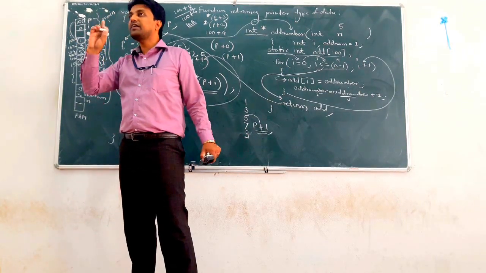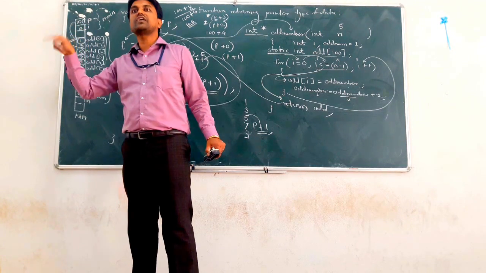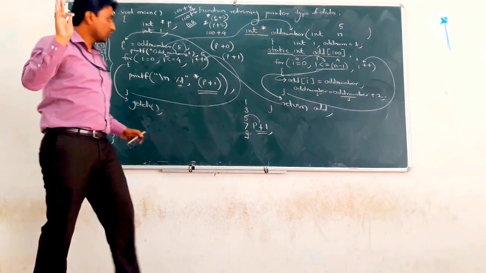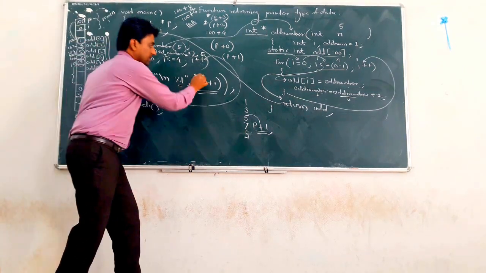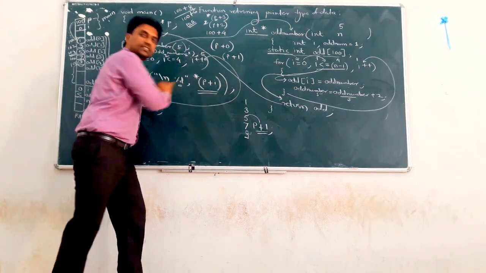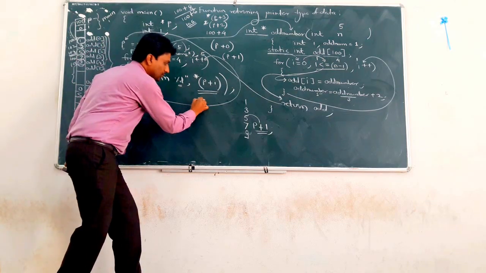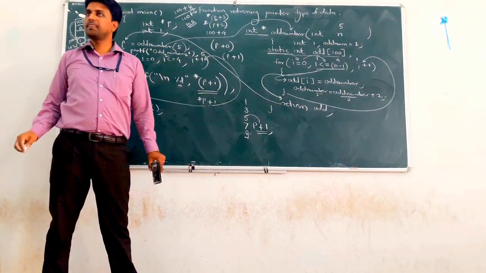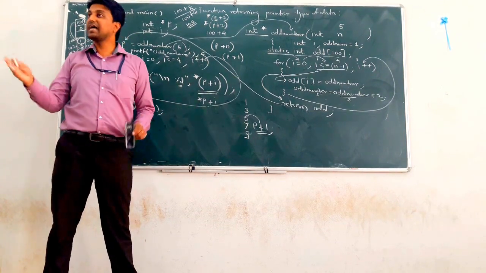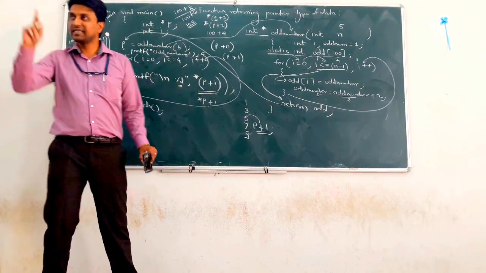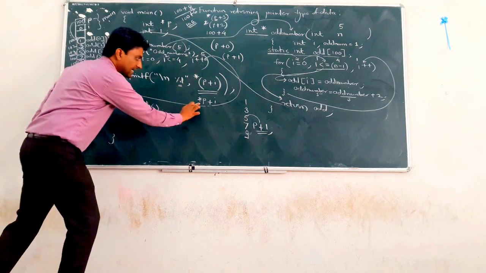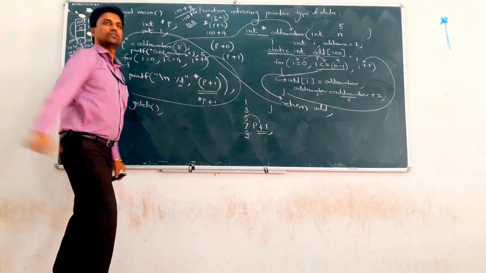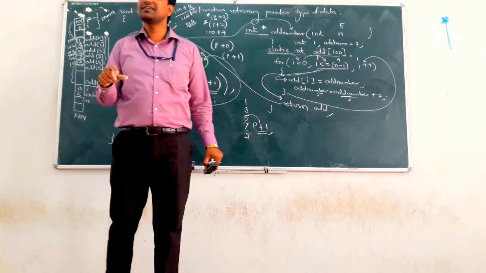Or star of the bracket P plus 1 means what? We can access the second element. But don't make a mistake like that. Use parentheses here. If you write star P plus I, it means star P is 1, plus 0, so it becomes 1.